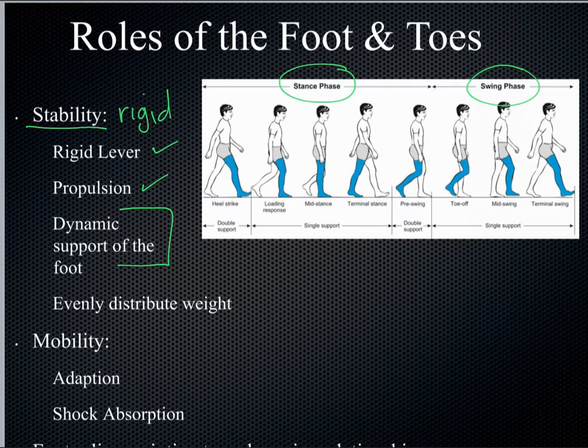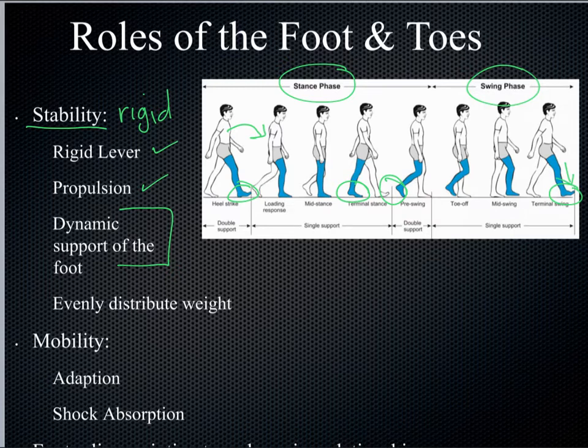So a stable foot is most important during heel strike. Can you see that? During terminal stance, during pre-swing, and then again at terminal swing when the foot is touching back down. You can see that the foot has to be rigid to allow us to either propel forward, right? Or to allow us to kind of slow down from our actual swing phase.